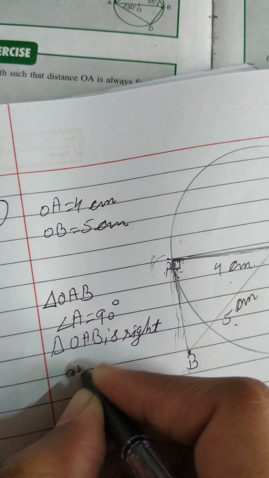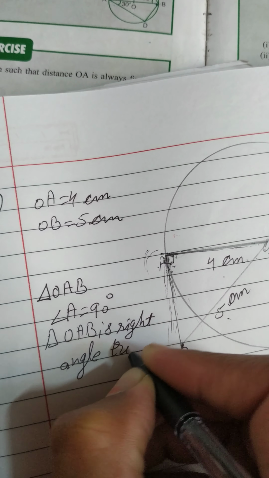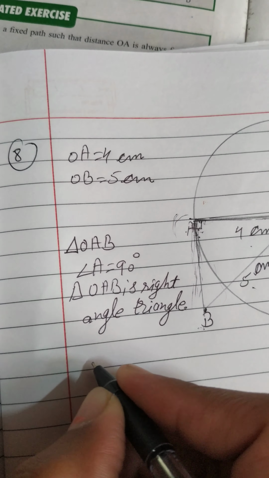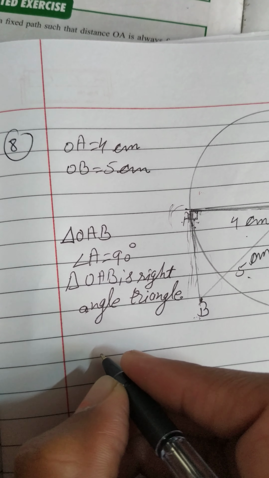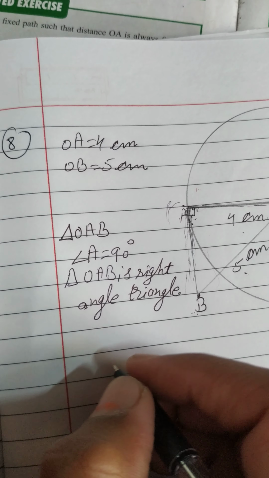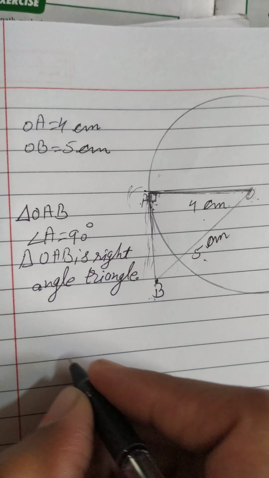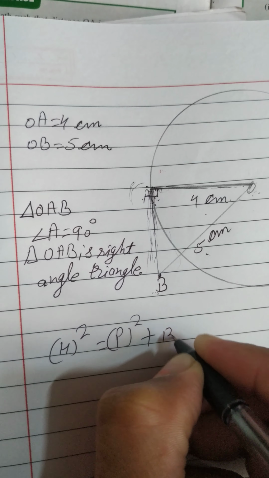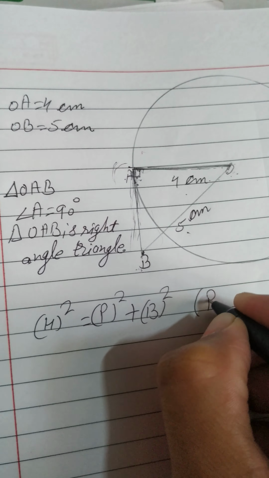It is a right angle triangle. So in a right angle triangle, what can we apply? We can apply the Pythagoras theorem. Pythagoras theorem is hypotenuse square equals perpendicular square plus base square.